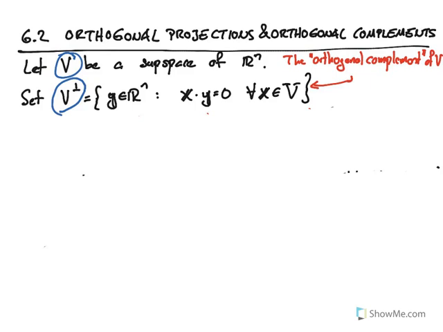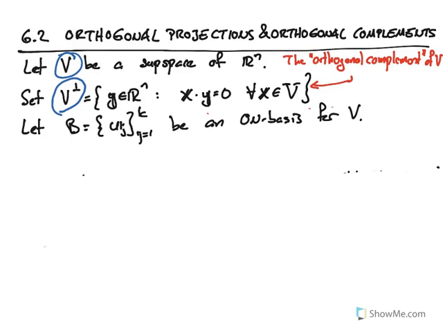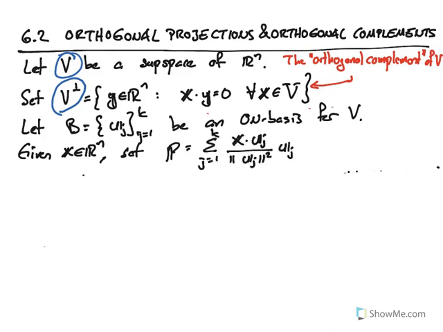and then I will introduce an orthonormal basis for V. And then I'm going to define two vectors P and Q, one that lies in V and one that lies in V perp. So given any x in Rn, I define P as follows, and I define Q as whatever is left.